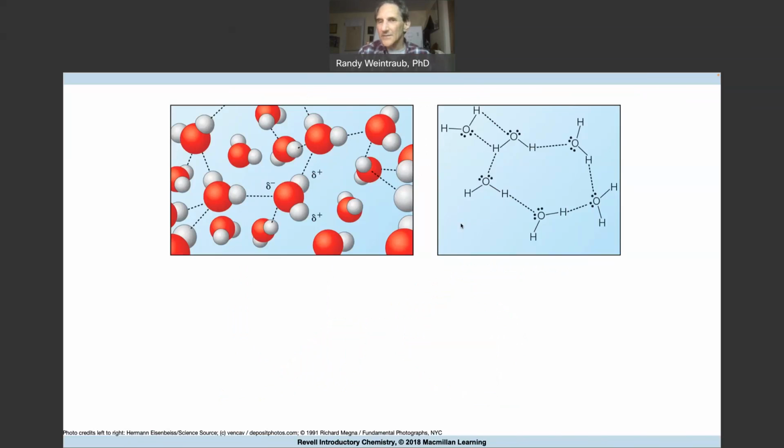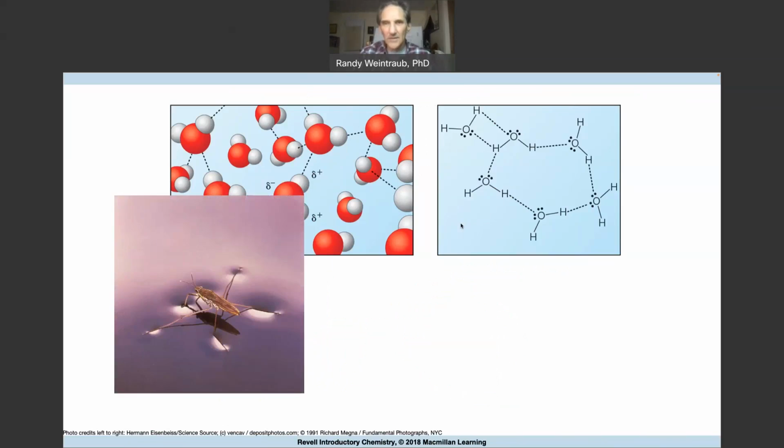Water contains two OH bonds, resulting in multiple hydrogen bonding interactions, causing water molecules to stick to one another. As a result, the melting and boiling points of water are much higher than those of other small molecules. The interactions between water molecules are strong enough to hold some insects on.